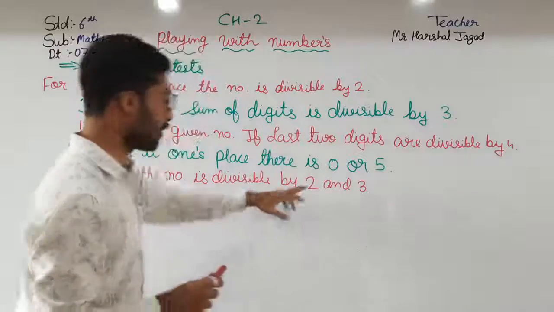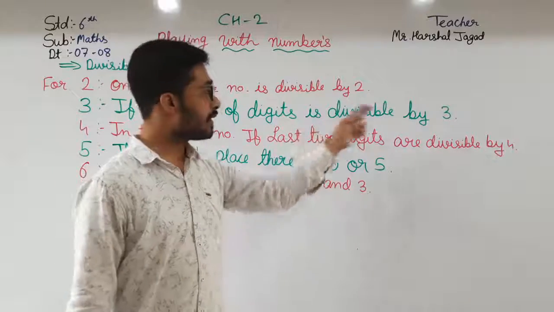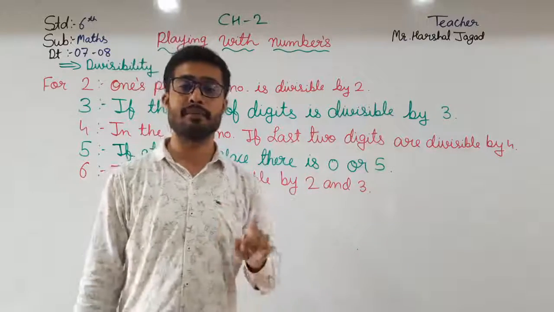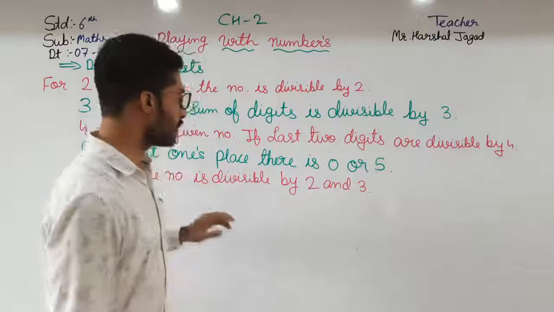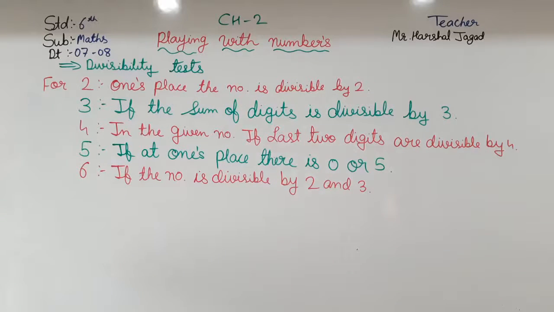And for 3, we know that if the sum of all the digits is divisible by 3, then that number is divisible by 3. Okay, students. So for 6, let us see some of the examples.